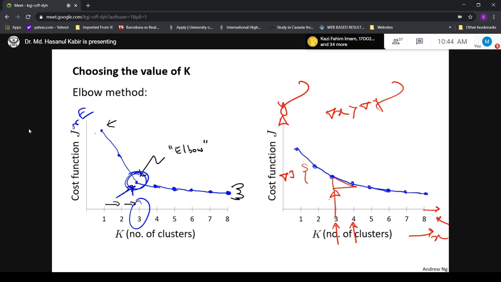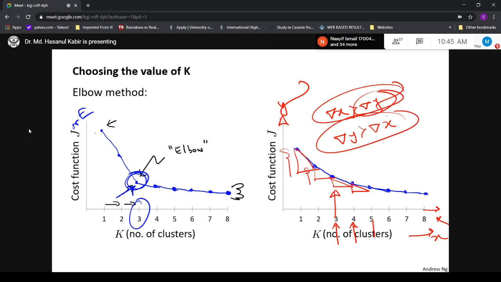Even if you go to another point, say k equal to 5, you see a change like this, so del y is even smaller. Here maybe you have a large change in y, but once you reach here, the change in y is small. Once this condition has flipped, you know that you have reached your elbow point.